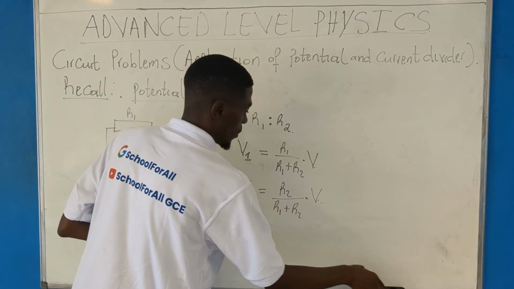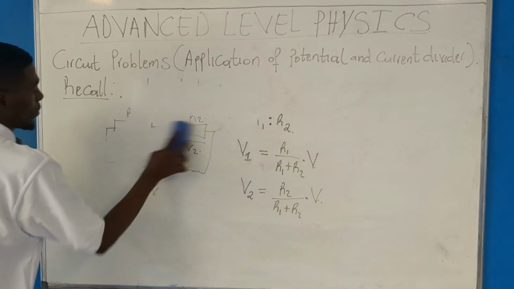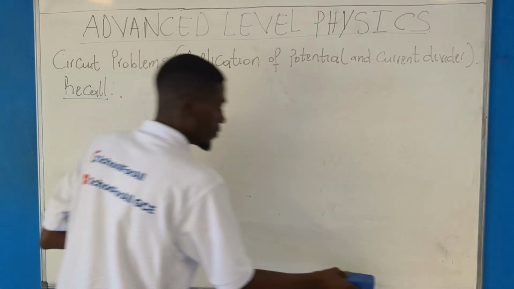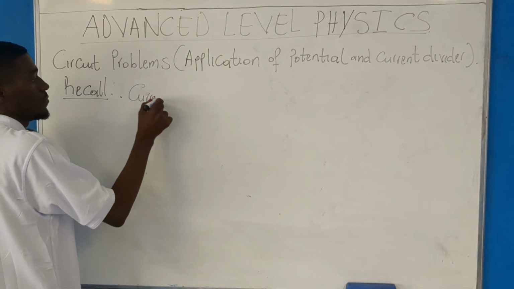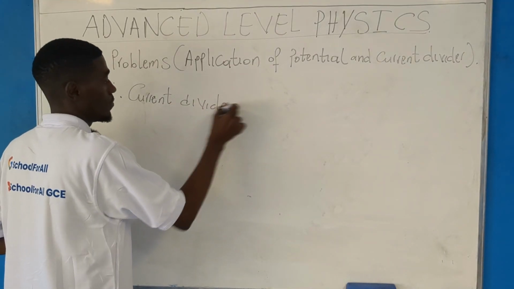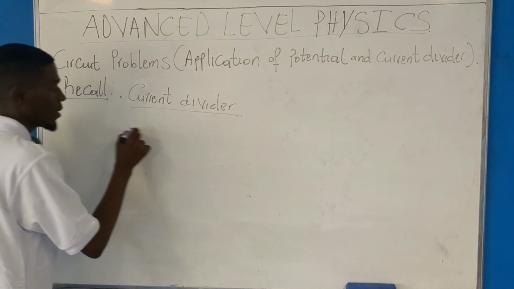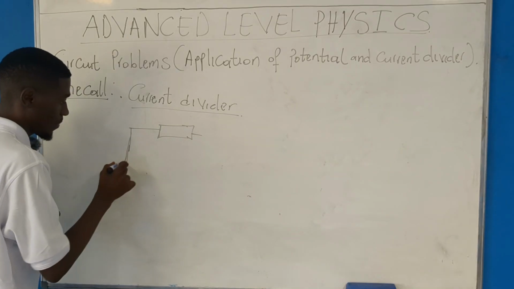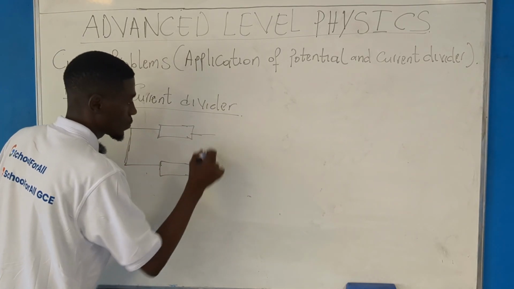So by doing same with current divider, now for current divider, we apply current divider when resistors are in parallel, because it's parallel connection that divides current into two.